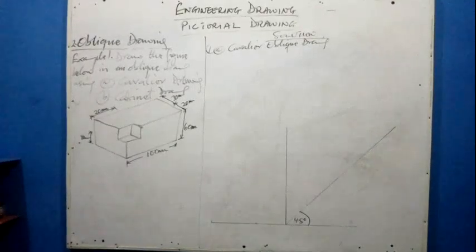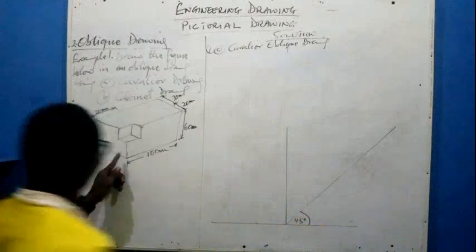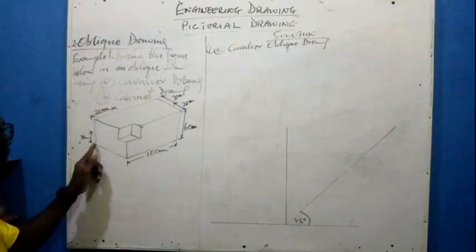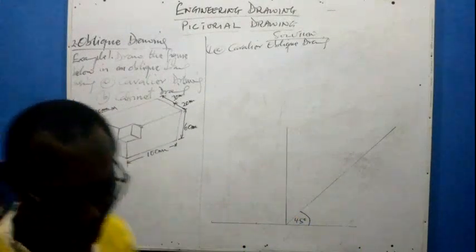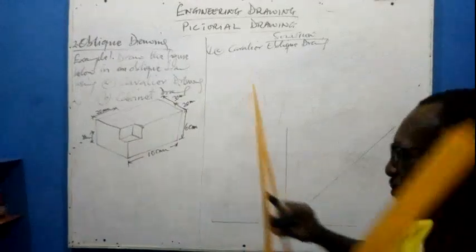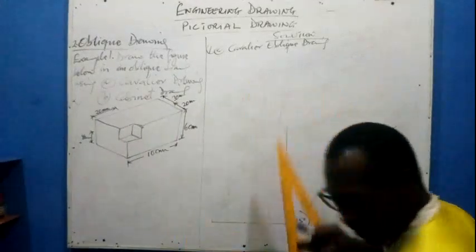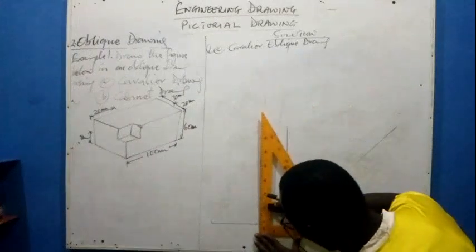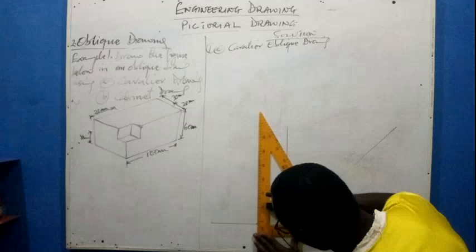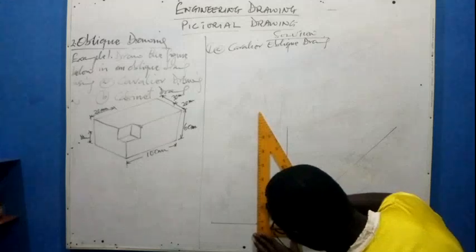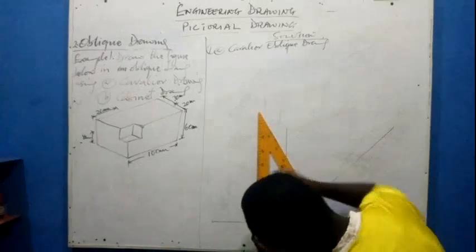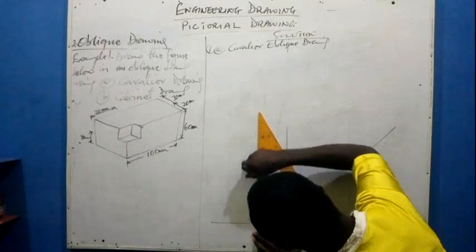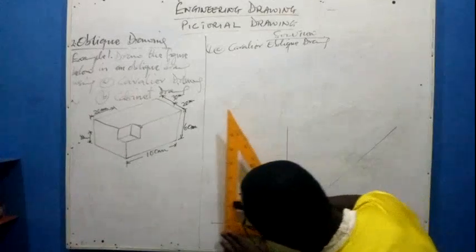Then I will draw my vertical lines with the help of the set square. Since I can use this place as my reference, I place it exactly.